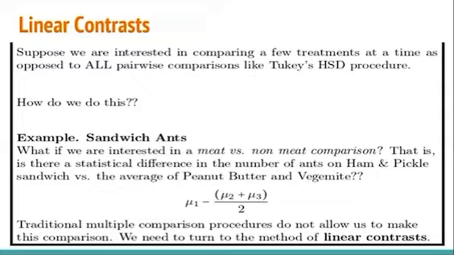I was able to have the planned contrast based on experience, based on theory, even before going into the research. Or, I may also want to compare this guy with the combination of the other 3. That's a planned contrast. Or I may want to compare this guy with any of that. That's a planned contrast.